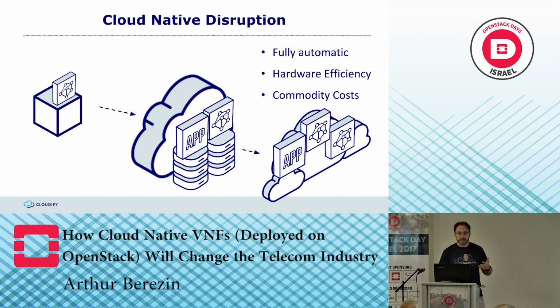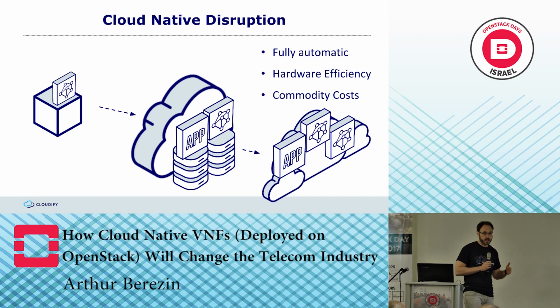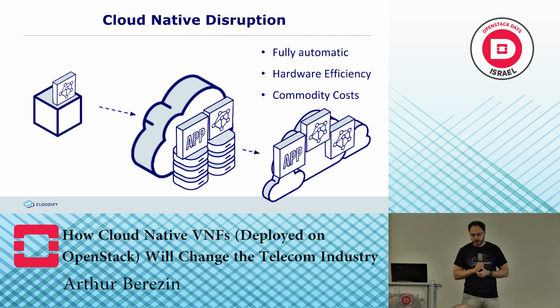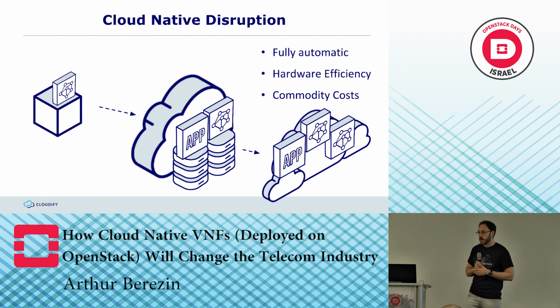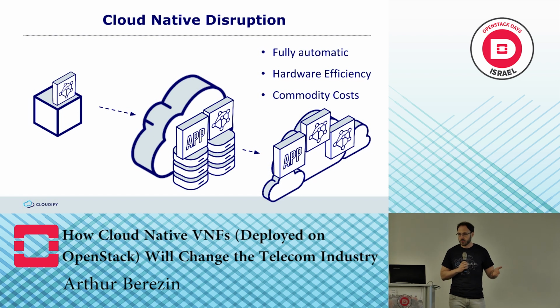So what that means is that the applications and the network services, network functions that the service providers would like to use, they would like them to be aware of what's happening in the layers underneath the application, and to make best use of them, right?